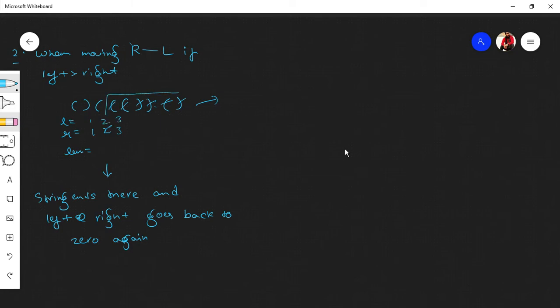Till this point our string was going perfectly, because right was either greater than or equal to left. But just remember that we are going from right to left now. Things change when left goes greater than right.